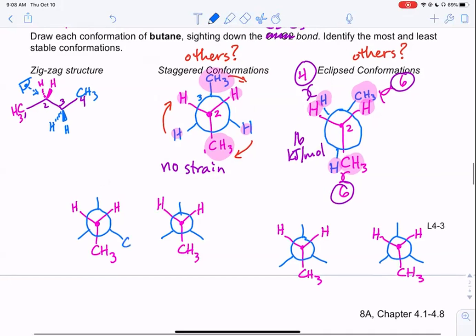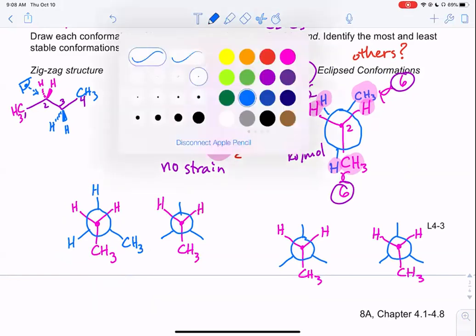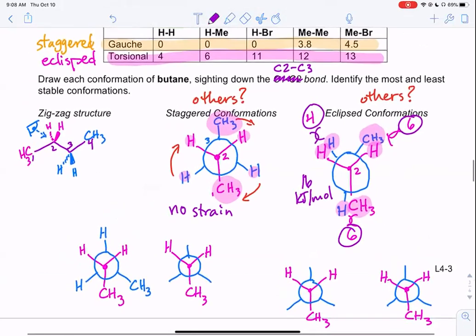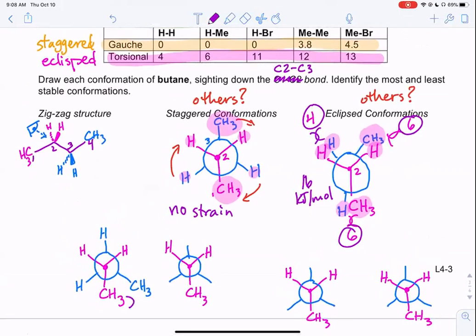So in my second one, I'm going to put that methyl group, again by rotation, right here. But then if I keep going, I'm over here, my methyl group is down in this quadrant, and my hydrogens are over here.